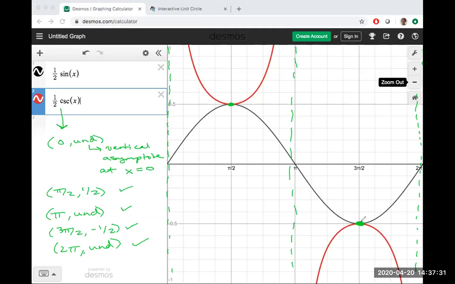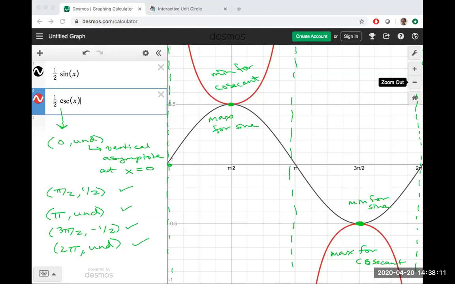A min for sine is going to be a max for cosecant.